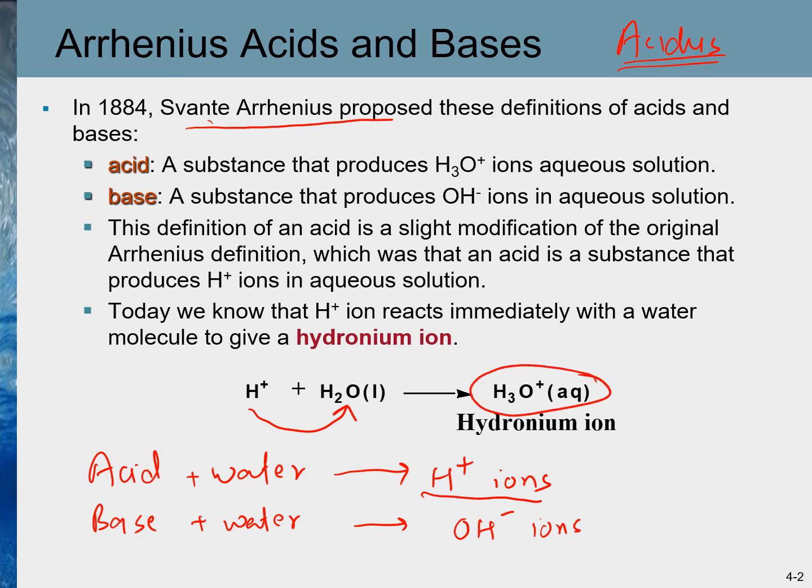So according to the modified Arrhenius definition of an acid, a substance which produces hydronium ion in aqueous solution is known as an acid. No change in the definition of base has been made because it's still the same definition. A base is a substance which produces OH ion in aqueous solution.